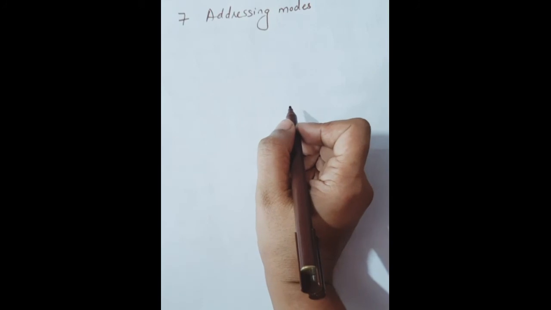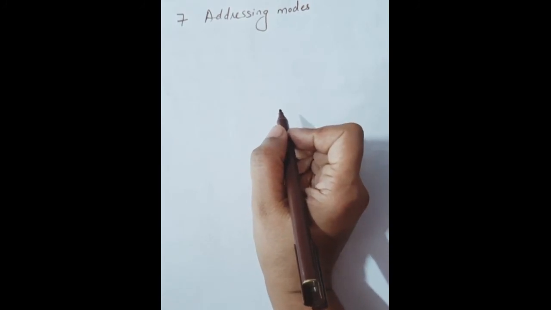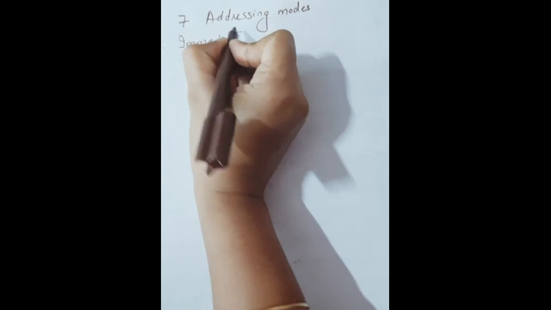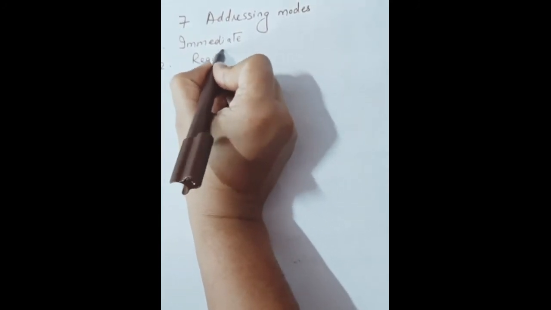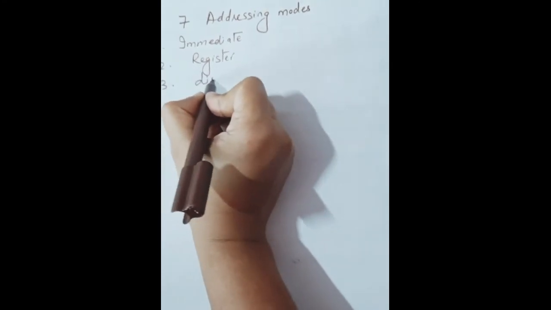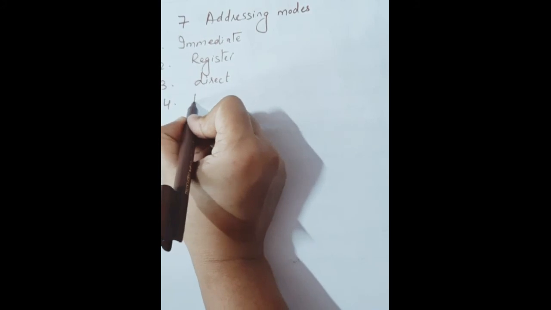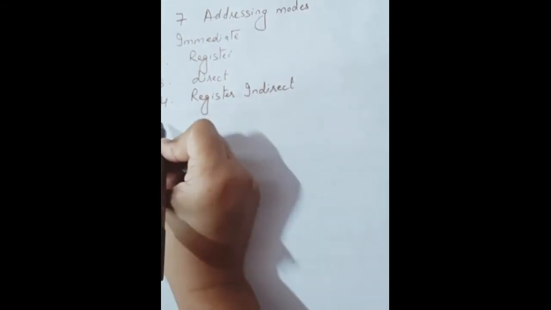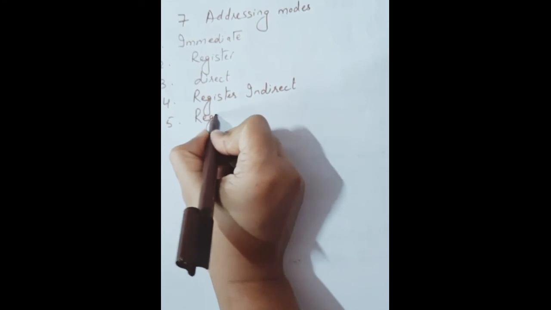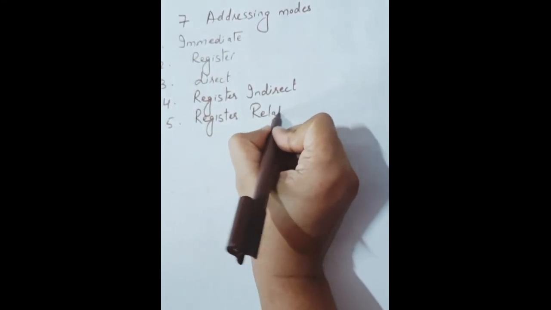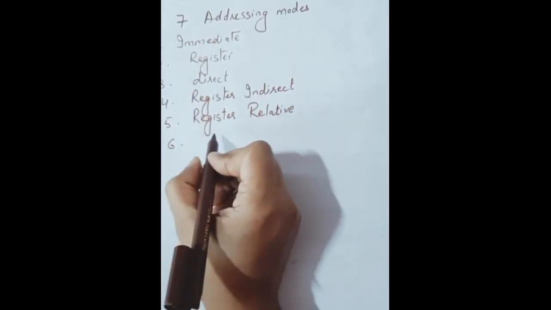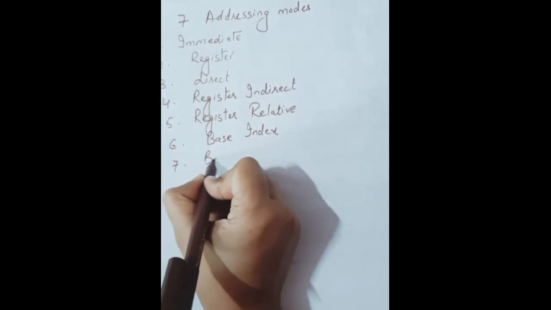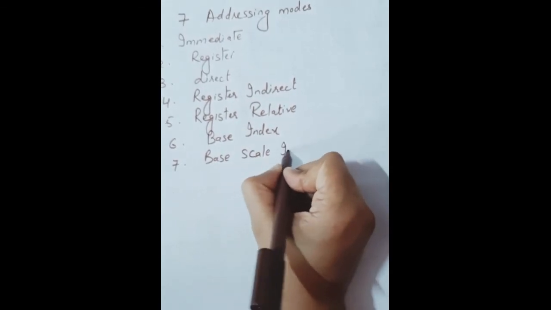Addressing modes are the manner in which the opcode and operands are defined in an instruction. The 7 addressing modes are: first immediate, register, direct, register indirect, register relative, base index, and base scale index.